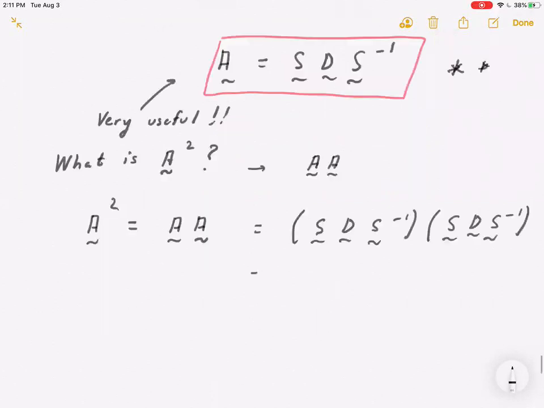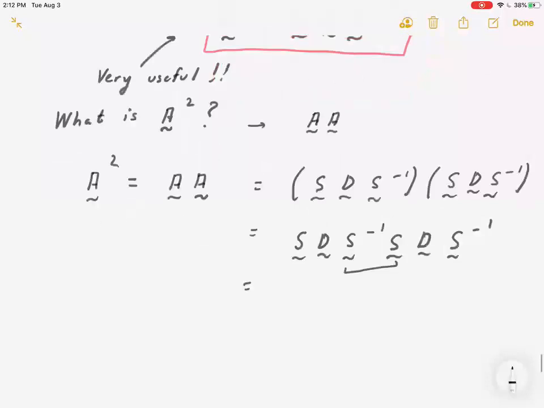And this looks complicated, but let's expand it out. You should be pretty agile at this stage of the course in doing these operations. The inverse of S times S is just the identity matrix. And so in fact, this expression simplifies to this. All 6 of these matrices now just reduce to just this.